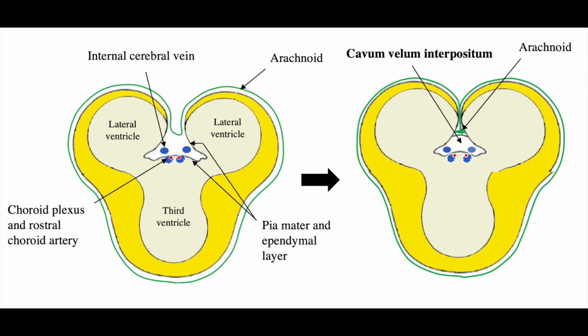So this cavity that was formed by a folding of the pia is the roof of the third ventricle, also named cavum velum interpositum. So it's a double layer of pia. And on top you are going to have the arachnoid, as we have seen on the dissections.